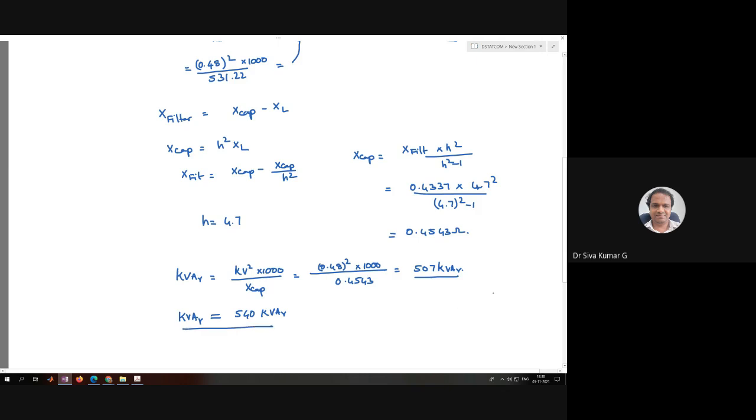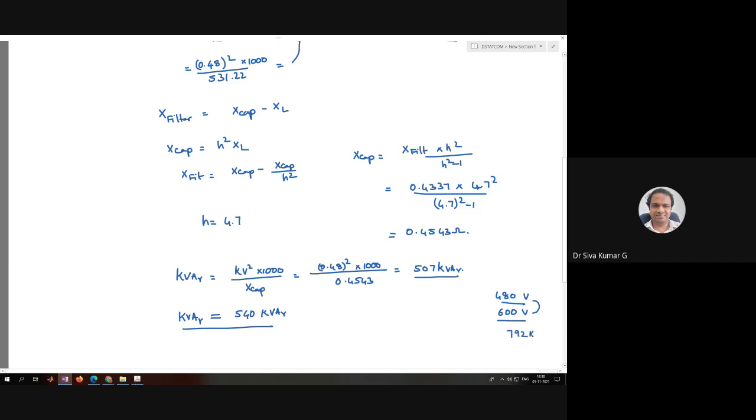The other case is that instead of going for 480 volts, we can go for a higher voltage of 600 volts also. Instead of designing the capacitor bank size at 480 volts, we can go for 600 volts. If we consider 600 volts, we get a reactive power of 792 kVAr.